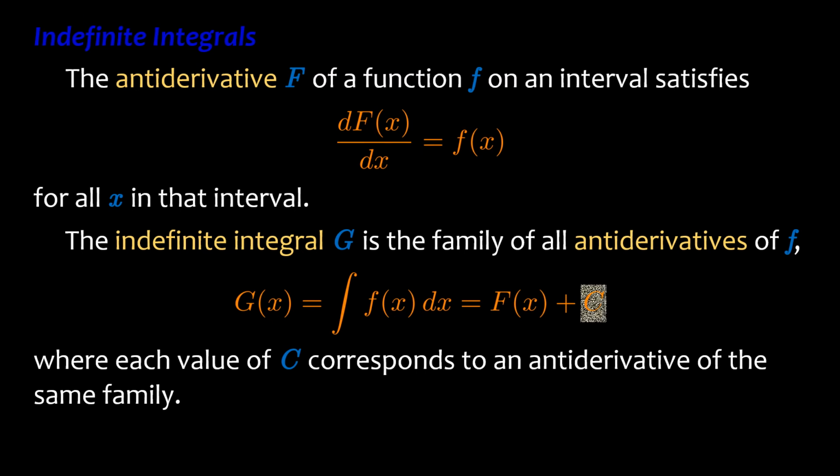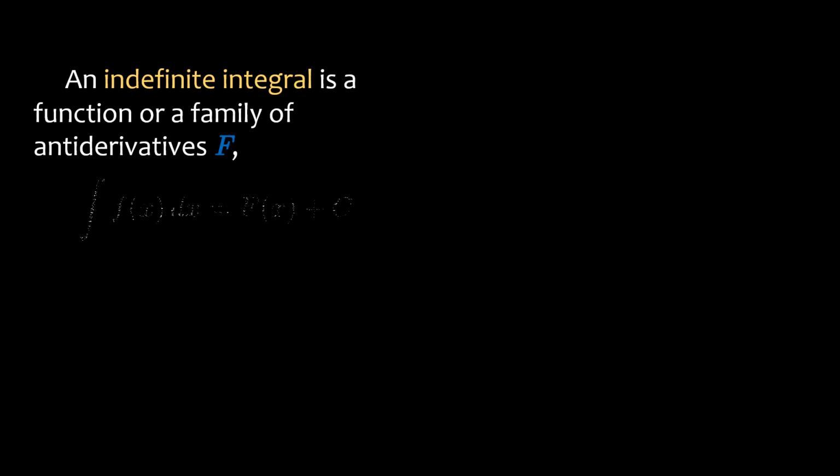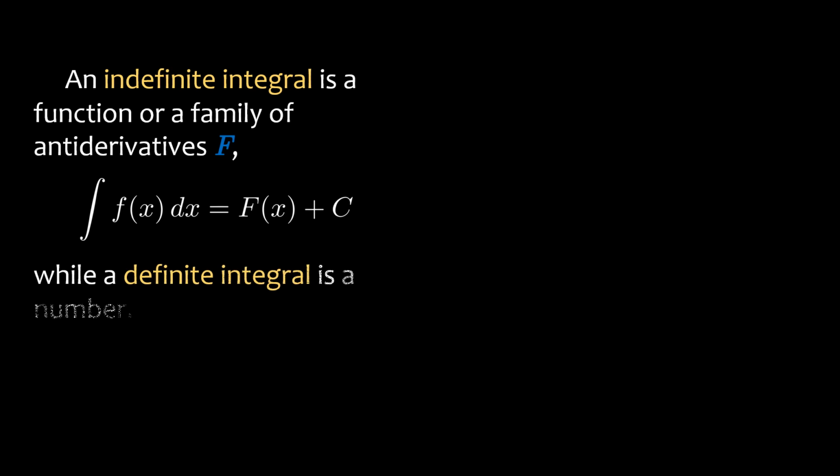And c is the constant of integration. The terms antiderivative and indefinite integral can be used synonymously. An indefinite integral is a function or a family of antiderivatives of f, while a definite integral is a number.